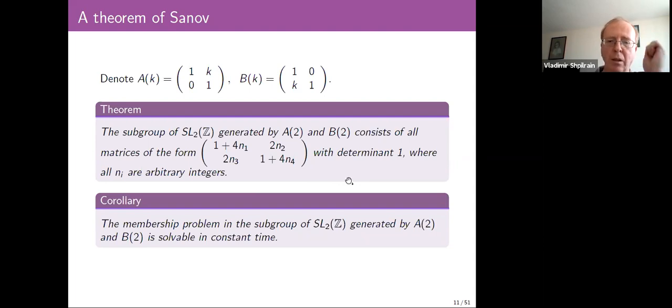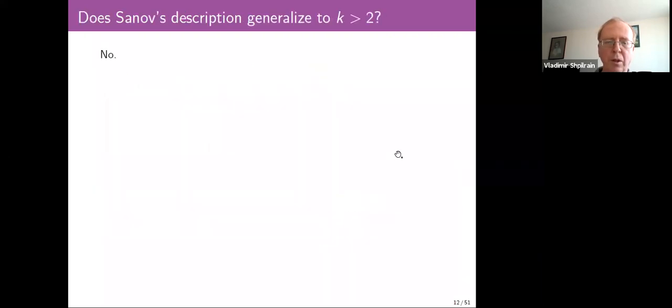Of course, one might want to generalize this to other k, right, to k greater than 2. So the natural question was, does this theorem of Sanov generalize to k greater than 2?